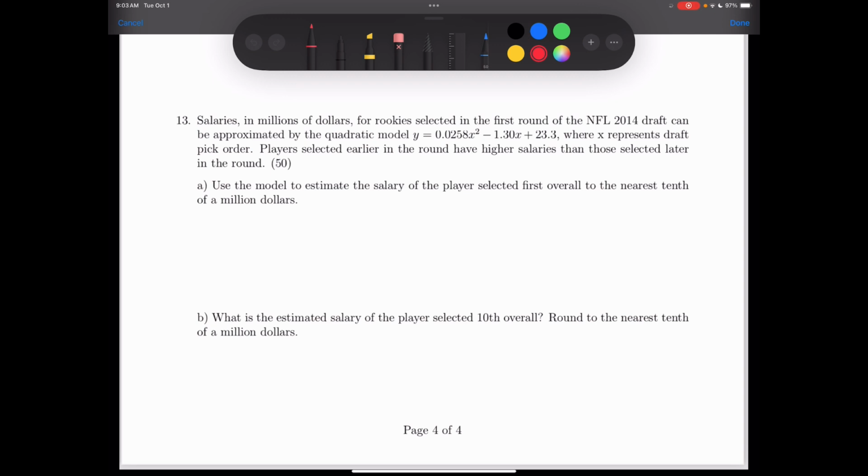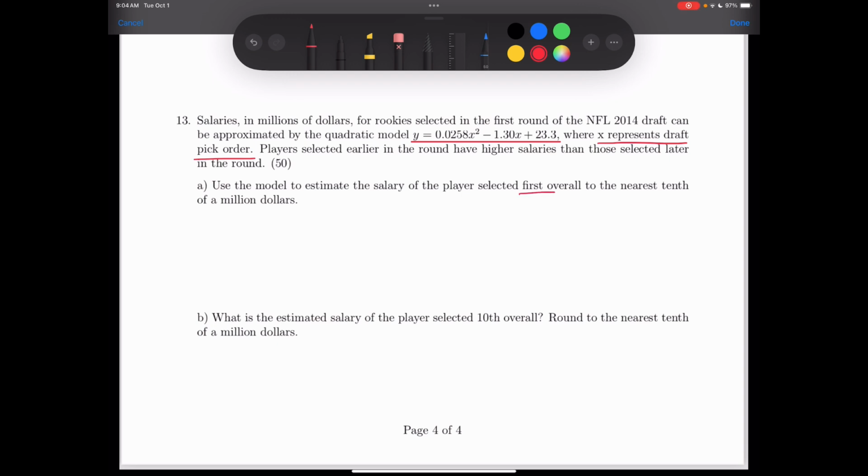So, I have this formula that they've given me. X is draft pick order, and Y is the salary. I don't know if it explicitly says that, but use the model to estimate the salary of the player selected first overall.